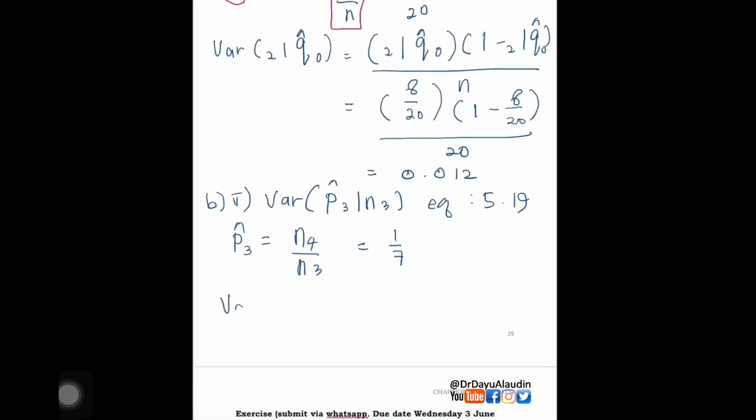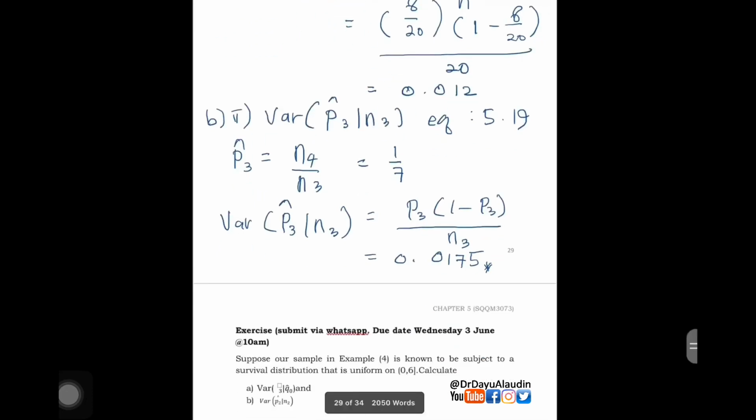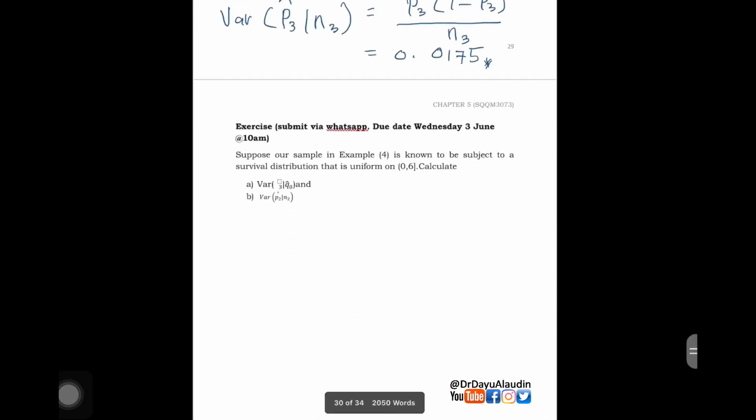And then you substitute in the variance: P3, 1 minus P3, over N3. So you get 0.0175. Okay, done for this class.